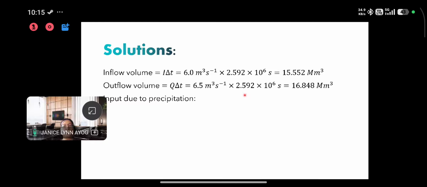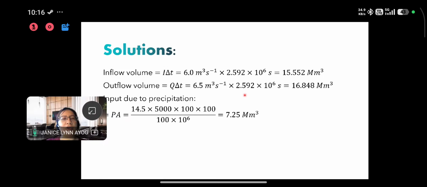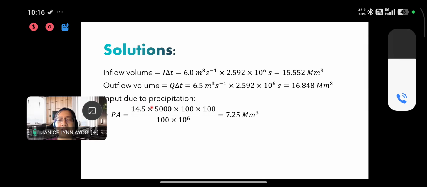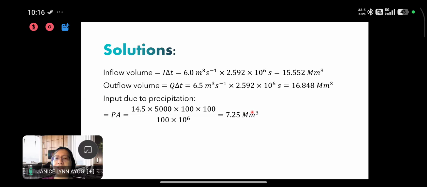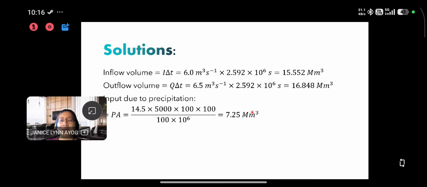Input due to precipitation: basically you have rainfall, which is 14.5, and the rest is the area. These are the area in hectares, which you have to convert to cubic meter. Look at the unit here. Basically from hectare, you have to convert that to square meter.